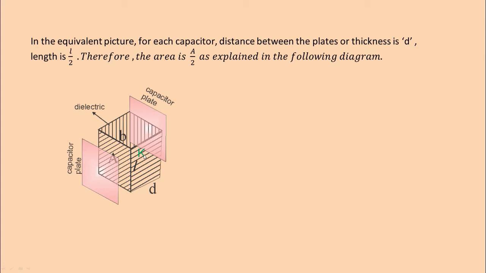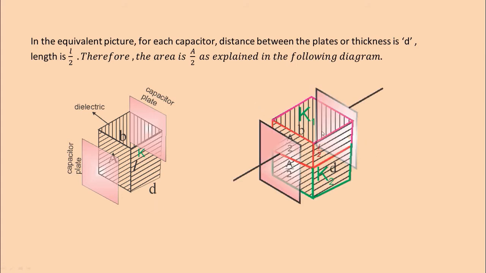Okay, dielectric constant is K. So you can easily see it's a single dielectric filling the space between the plates of the capacitor. This is for C1. C2, two dielectrics. You see length L by 2, length L by 2. So area will be B into L by 2.